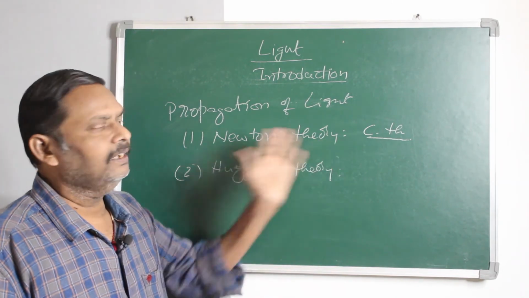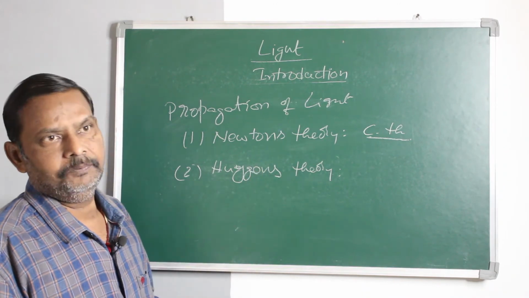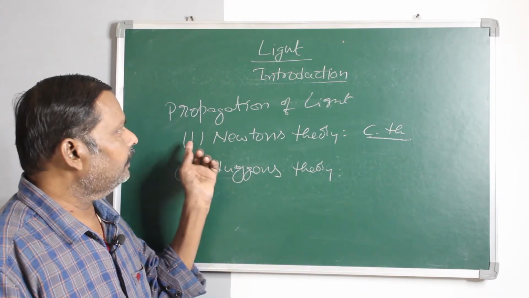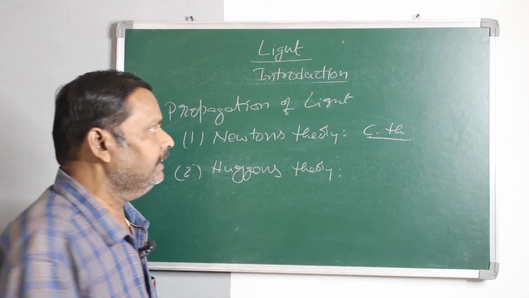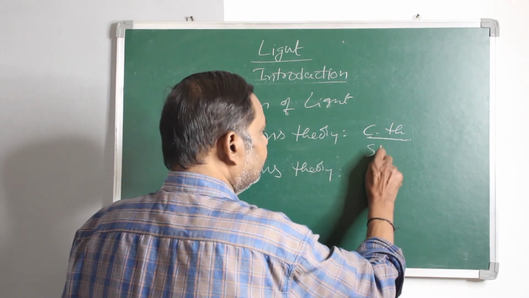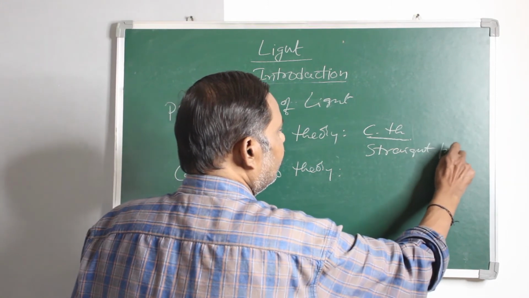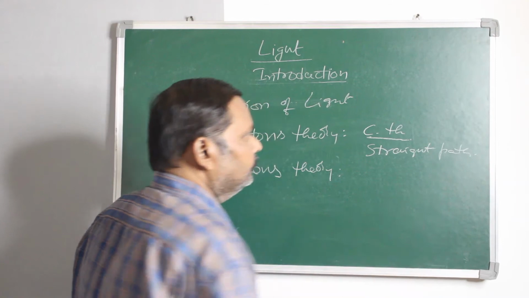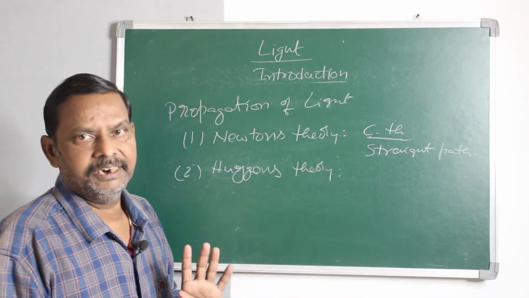That is the basic concept given by Newton with the name corpuscular theory. If you follow Newton's corpuscular theory, you will conclude that light travels in a straight path.